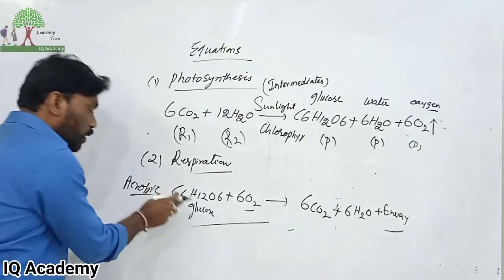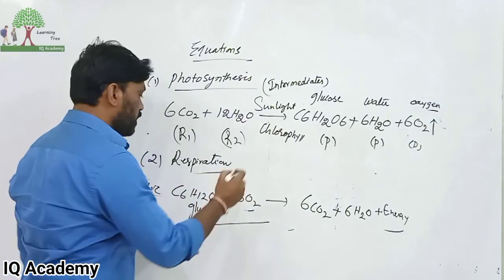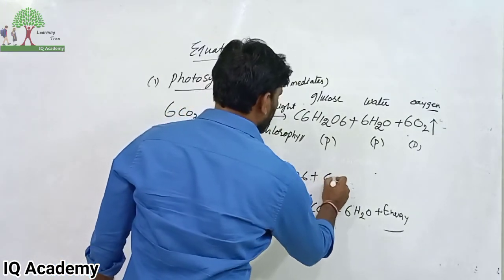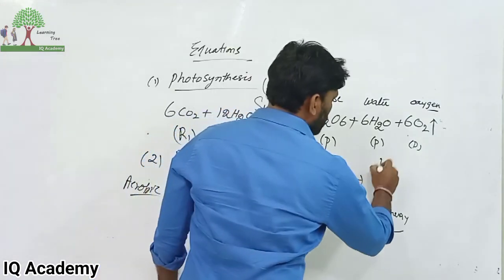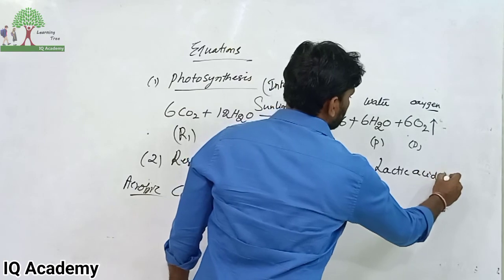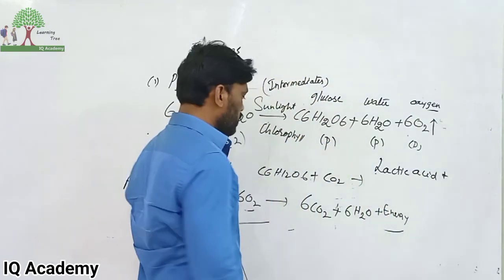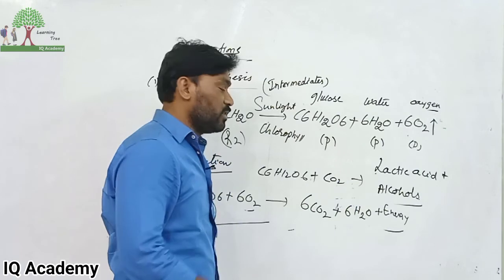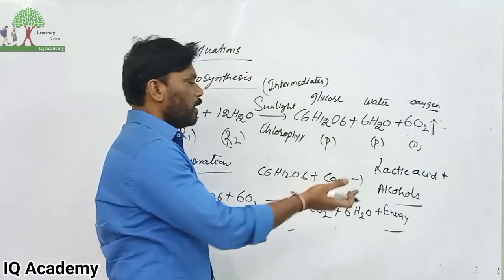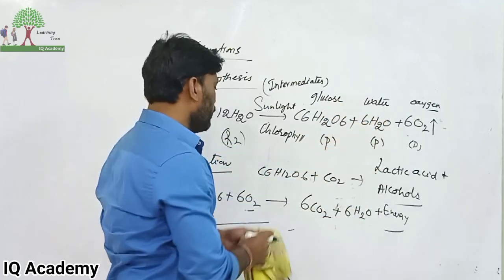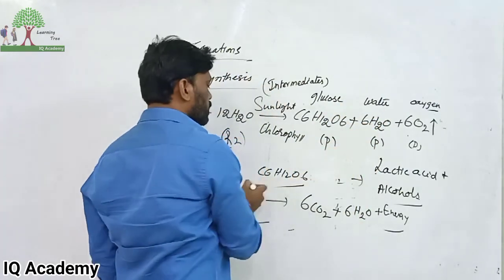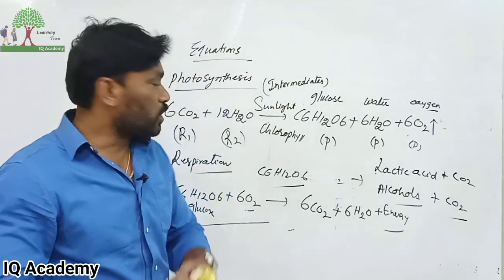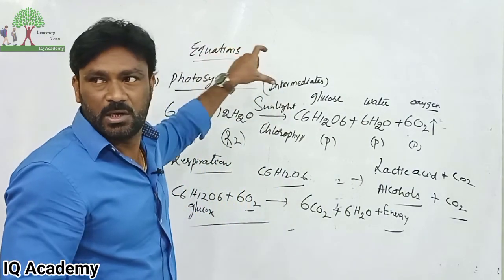Anaerobic respiration: glucose, C6H12O6, in the absence of oxygen changes into lactic acid and carbon dioxide in bacteria, and alcohols and carbon dioxide in yeast. So these are the equations for photosynthesis and respiration.